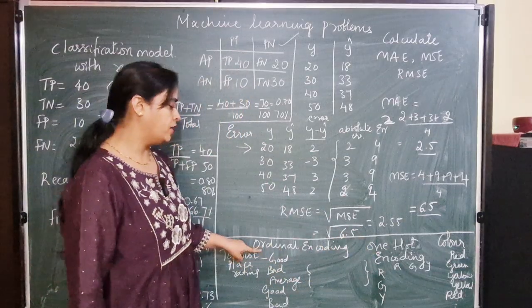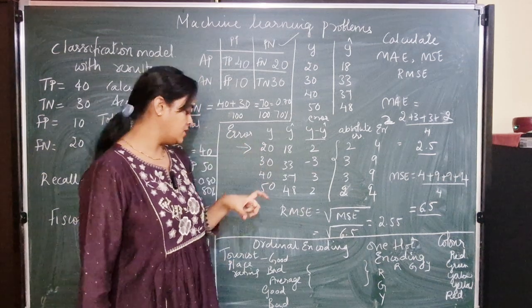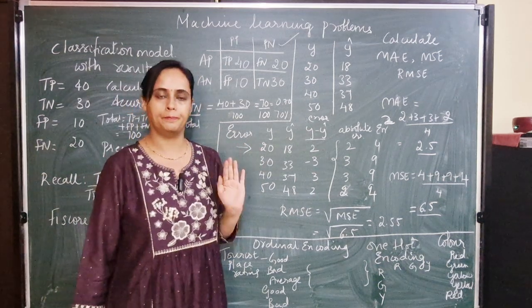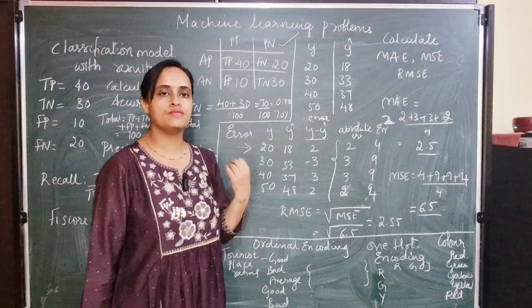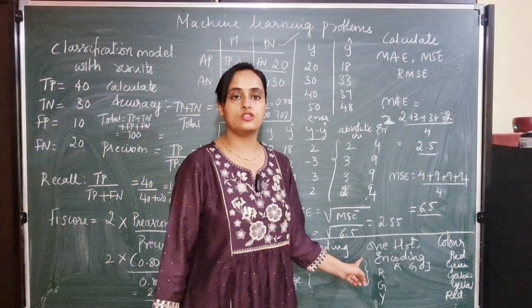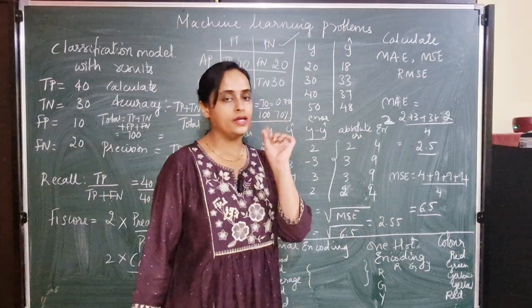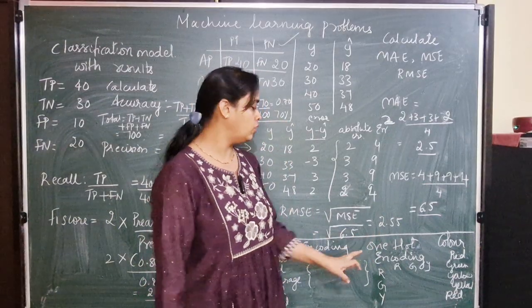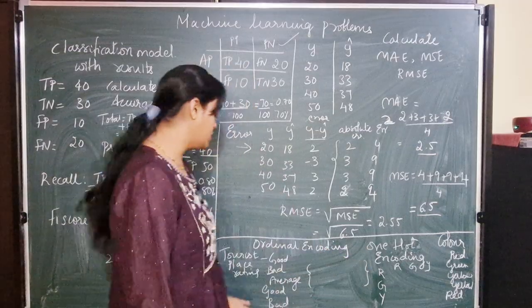When ordinal encoding is used, the data set should have some order, some ranking. If there is no order, only the unique categories are identified and encoded, which is known as one hot encoding.